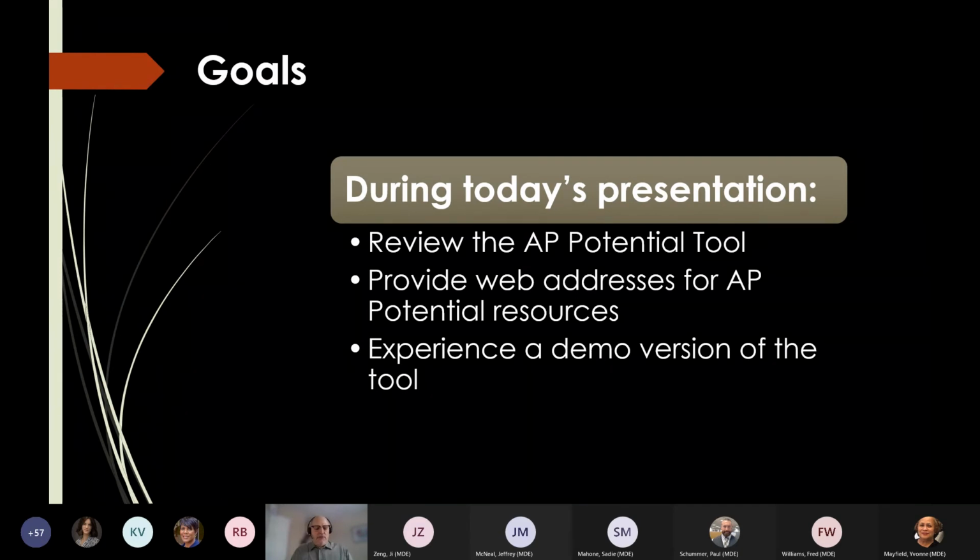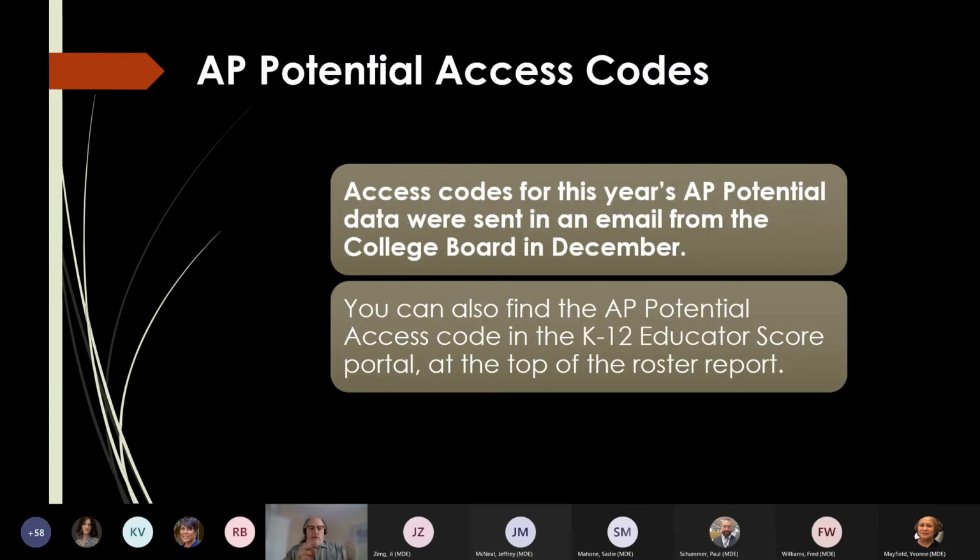I will say that it's very important as you're working with school districts that you make sure that they have their AP Potential access code. We'll talk more about that as we get into the presentation. And here's the screen. Every school district, every high school gets an email every year with their AP Potential access code. The email is sent to the principal and to the AP coordinator of that building.